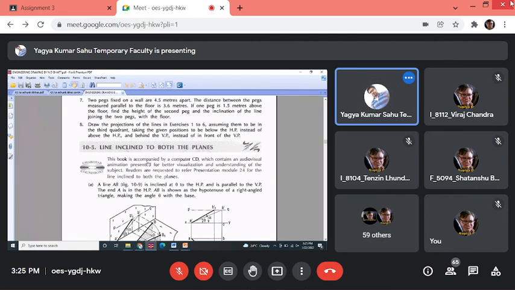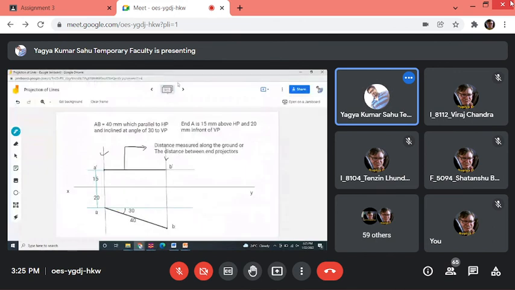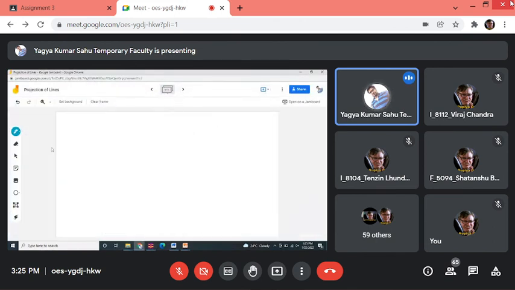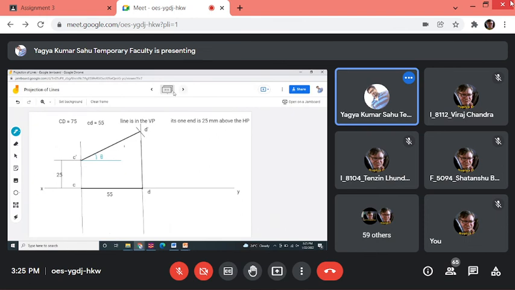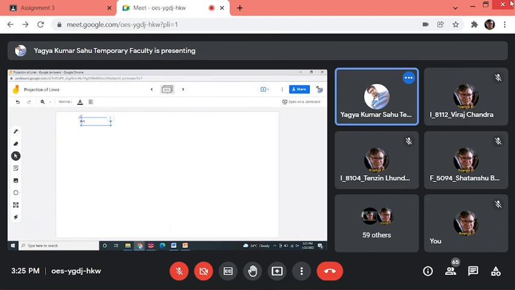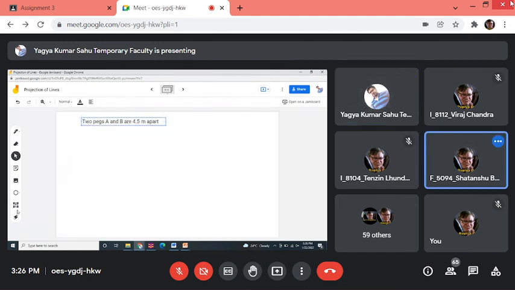Okay, so there are two pegs, say A and B. Two pegs A and B are 4.5 meter apart. So what is this? The true distance of AB, the actual distance, the true length.